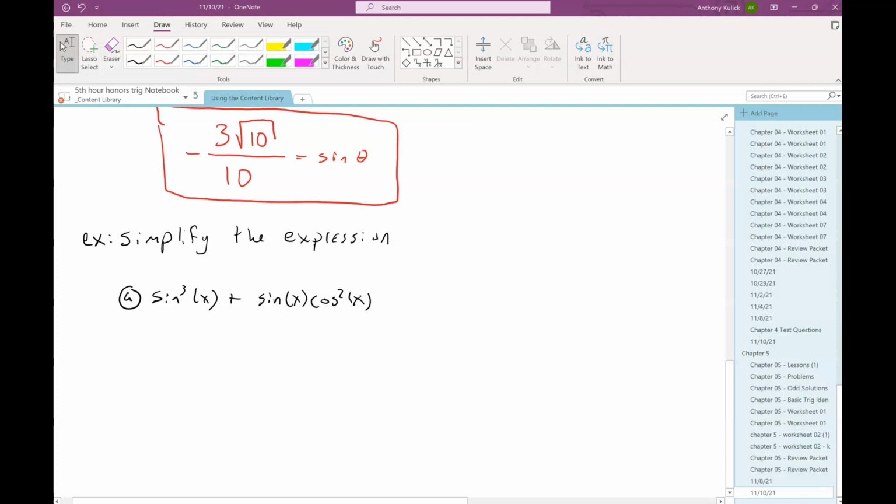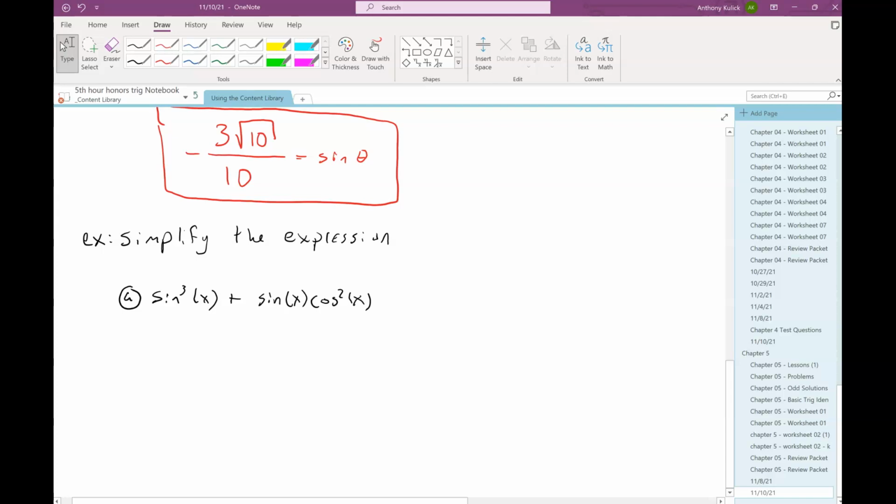So when we're asked to do these simplify the expression problems, what we want to do is end up with the simplest version of this that we can. Ideally, that means we're going to get it down to a single number or a single trig function, or, you know, some of them that are messier maybe not go down that far, but we're going to combine it the best we can.